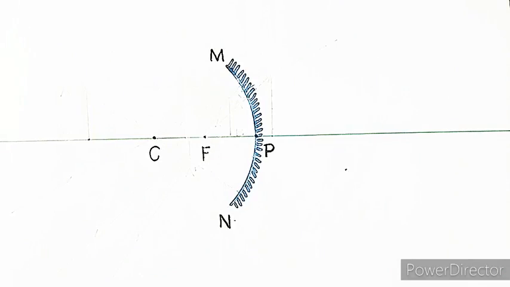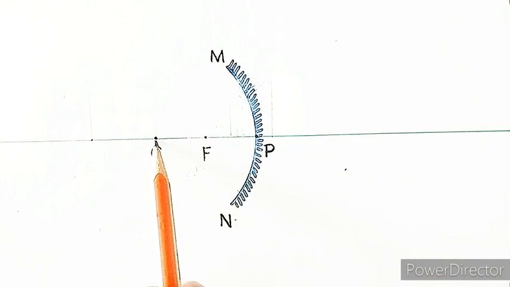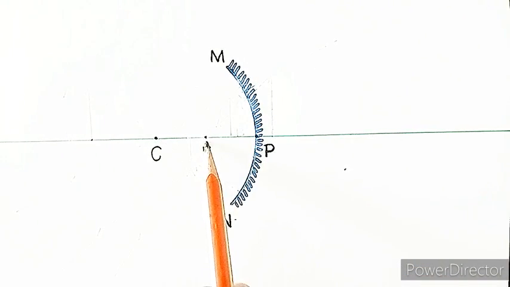Now for the ray diagram for the mirror, which we have already done in the last class, we had the center of curvature, the principal focus, and the pole.